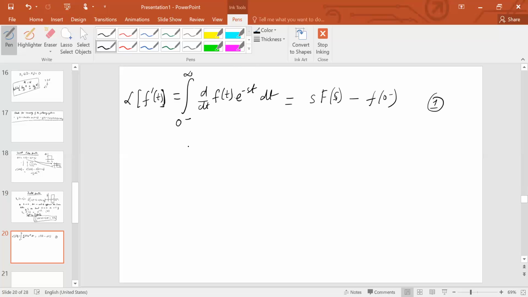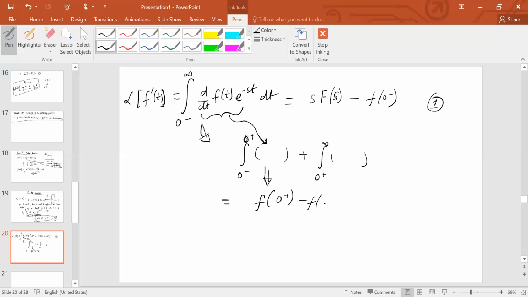Now the point is that this left-hand side we can rewrite as the sum of the integral from 0 minus to 0 plus of this, plus the integral from 0 plus to infinity. The integrand is basically this, what I'm putting in this bracket here. Now clearly, this is nothing but f of 0 plus minus f of 0 minus.